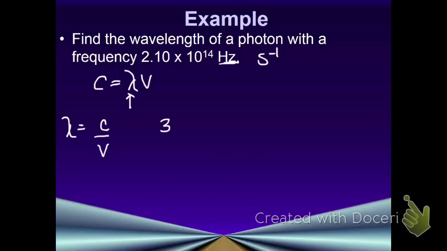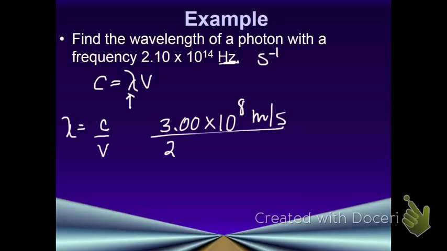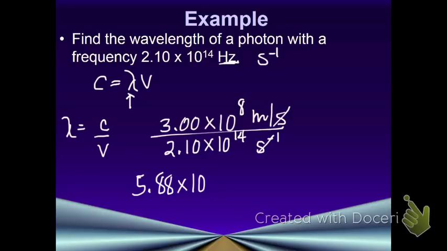So I'm going to type in 3.00 times 10 to the 8th meters per second, and then divide by my frequency. My seconds will cancel out, and when I plug that into my calculator, I will get 5.88 times 10 to the negative 7 meters.